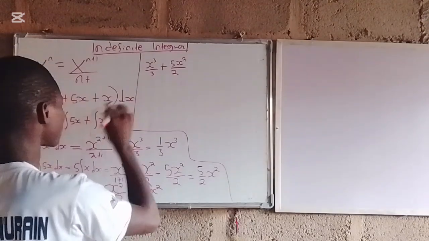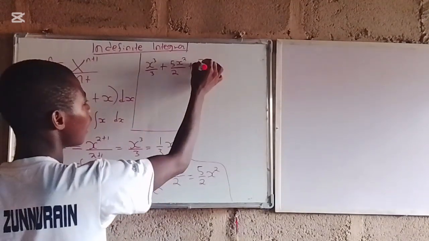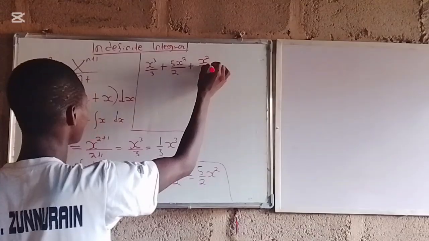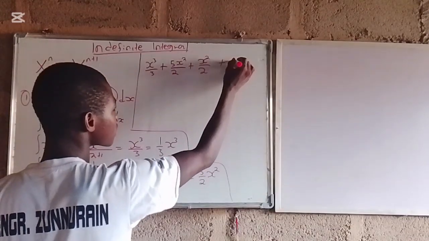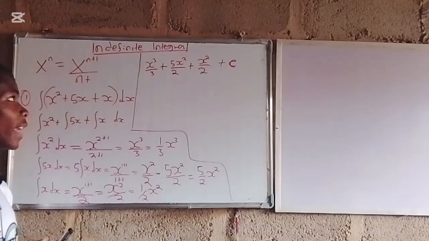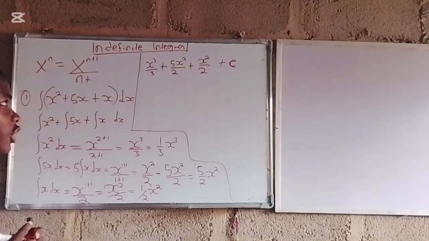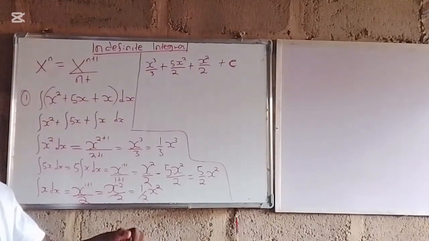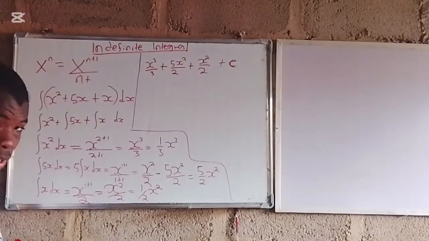And therefore I have to say plus integration of x, which is x squared by what? By 2. And then I have to say plus constant. Whenever you come across an indefinite integral, after integration you have to say plus constant.